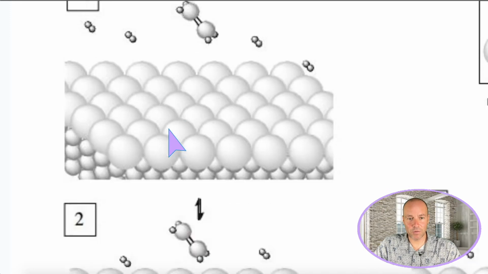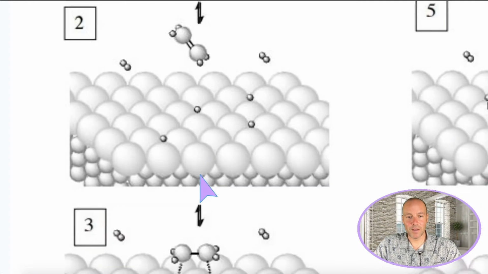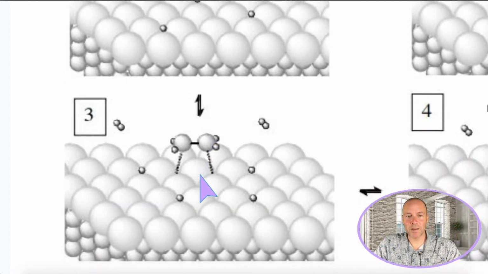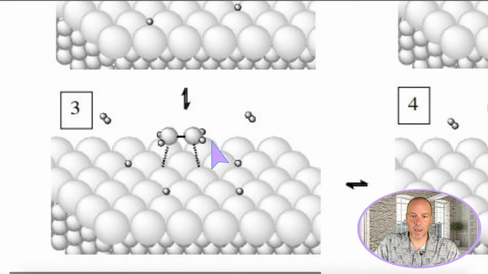And so the hydrogen molecules get attached to the metal, and the metal helps split apart these hydrogen molecules into hydrogen atoms. Okay, and so you have some hydrogen atoms attached. Now the ethylene molecule also attaches, and if you have both attached to the surface, then it becomes easy for these atoms to add to the ethylene molecule.